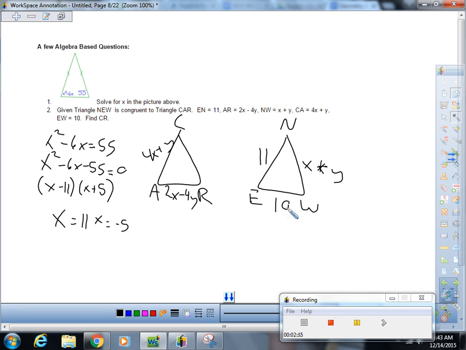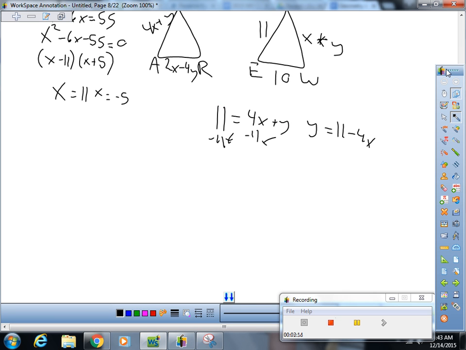So what I did was I set 11 from NE equal to 4x plus y, and then subtract 4x from both sides. You get y equals 11 minus 4x, and then plug that in. More room, okay? Is that alright? Okay.